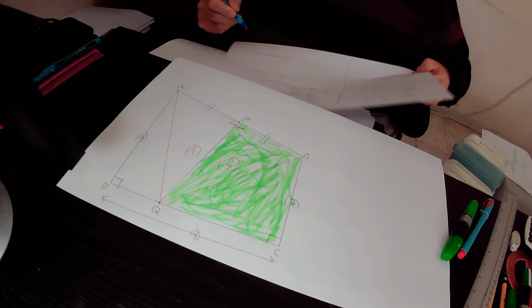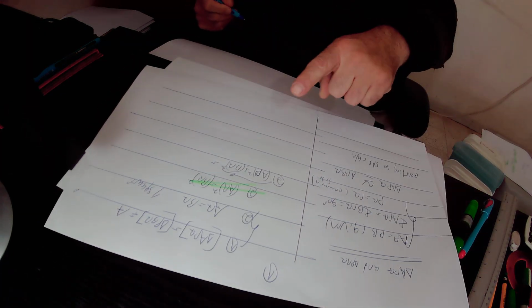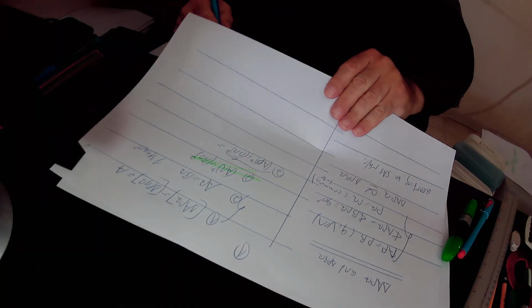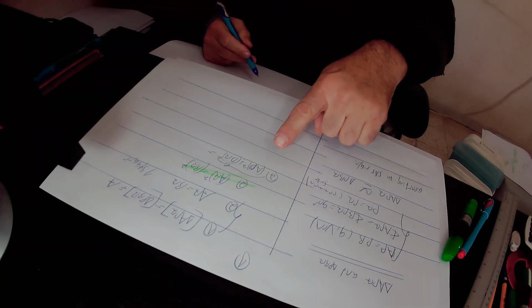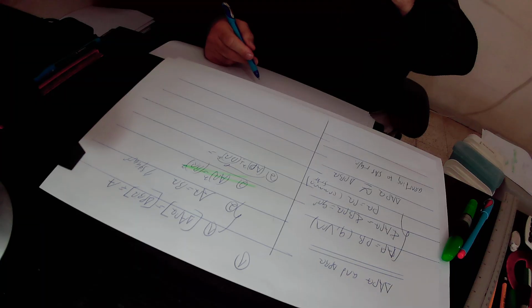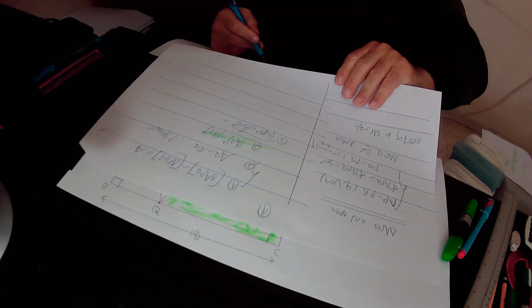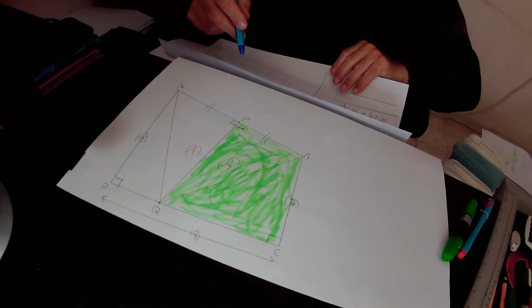And again, on the white triangle ADQ, AQ squared equals AD squared plus DQ squared. And AQ squared equals BQ squared.